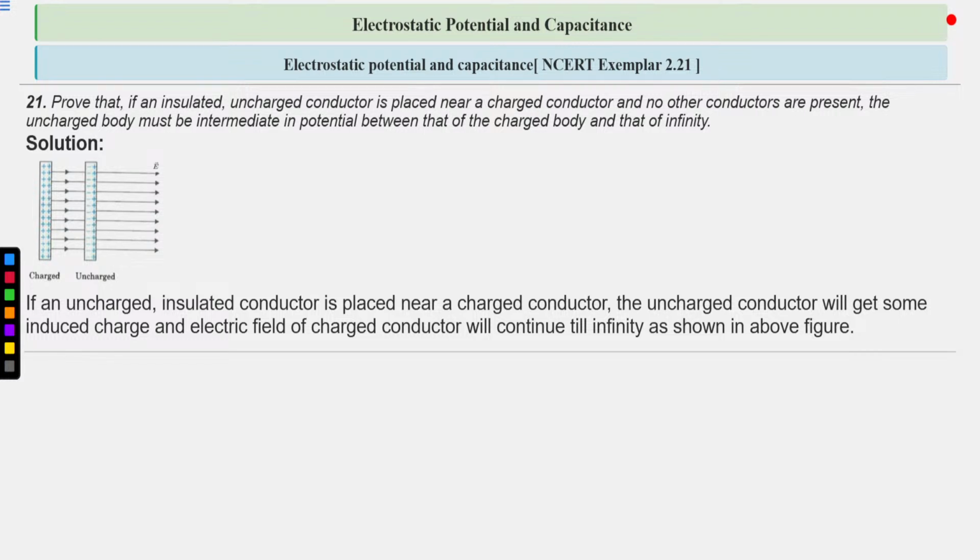So negative charges will appear on this surface and positive charges on that surface, and the electric field of the charged conductor will continue till infinity as shown in the figure. The potential near the surface of the charged conductor is very high and the potential at infinity is 0. So the uncharged conductor, placed anywhere between the charged conductor and infinity, will be at an intermediate potential between that of the charged conductor and infinity.